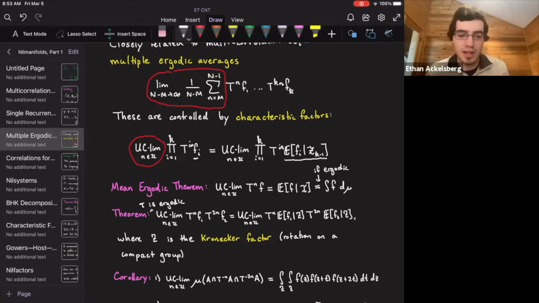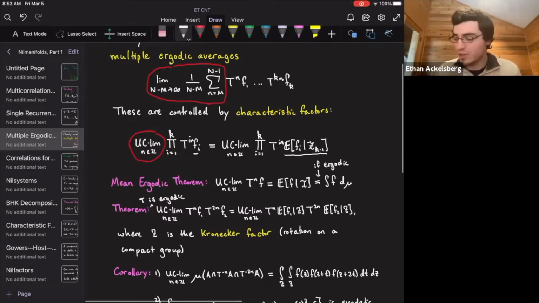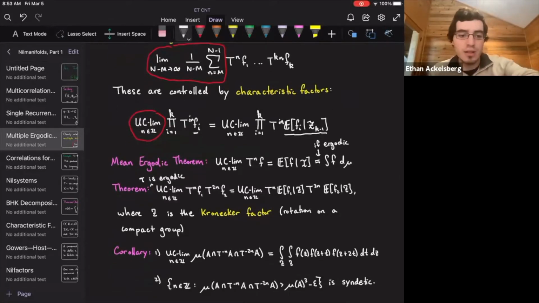We can get some more information and actually compute this limit of the triple correlations. And if you do just a little bit extra work, you can prove this strengthening of Roth's theorem, where we actually get return times where the intersection is large.